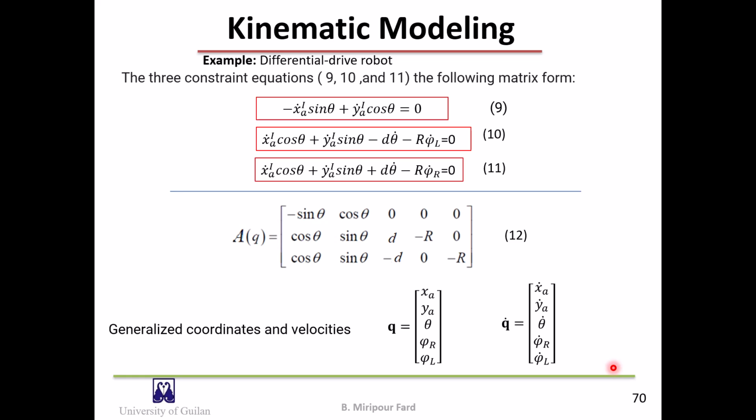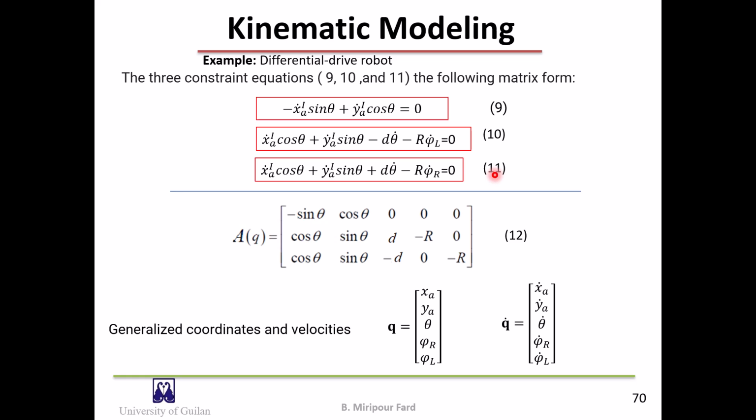The three constraint equations can be written in matrix form as seen. In this slide, you can see the constraint matrix A, which is constituted using equations 9, 10, and 11. Note that we consider the rolling angles of the wheels in the generalized coordinates.